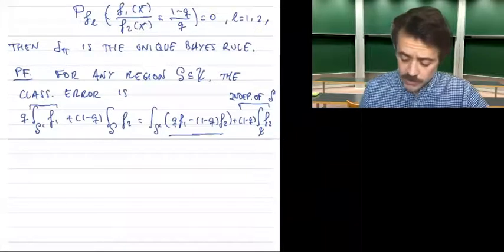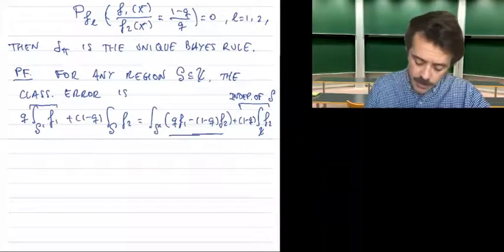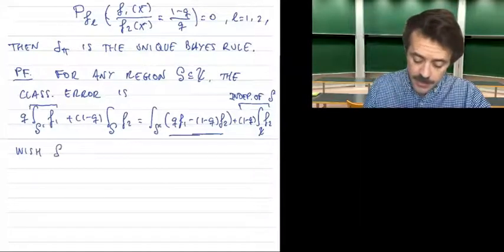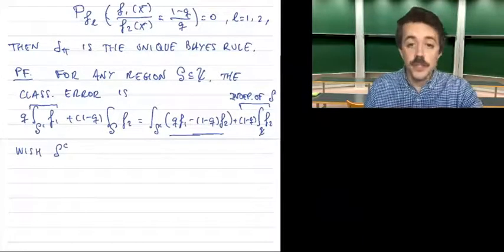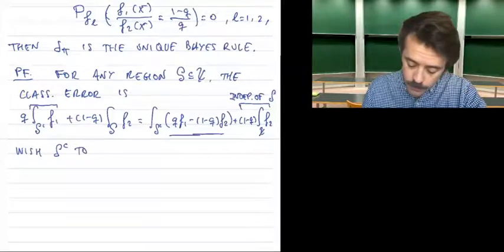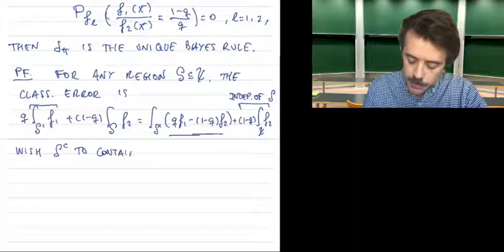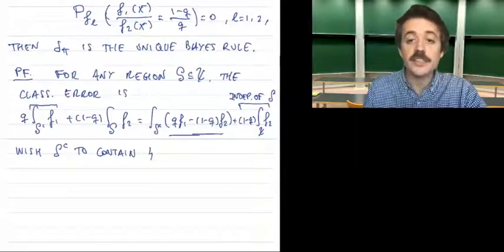So we wish that, let me just write here. So we wish this calligraphic S complement to basically contain, so let me just say it in words, and then it should be clear as I'm writing it.